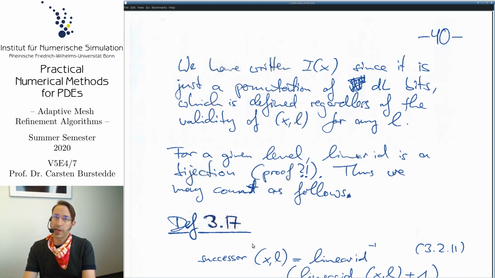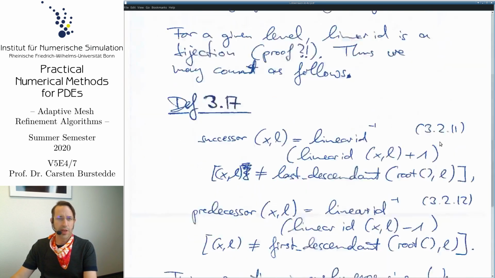So I suggest that you take a couple elements that you just put down on paper, you write down x, y, and z in binary, and then you compute the linear ID, write that down in binary, and find the correspondence of the bits between the two representations, or equivalently, the permutation over d times big L many items. You could actually prove that there's a bijection here between linear ID and the coordinates of a valid element given a certain level.